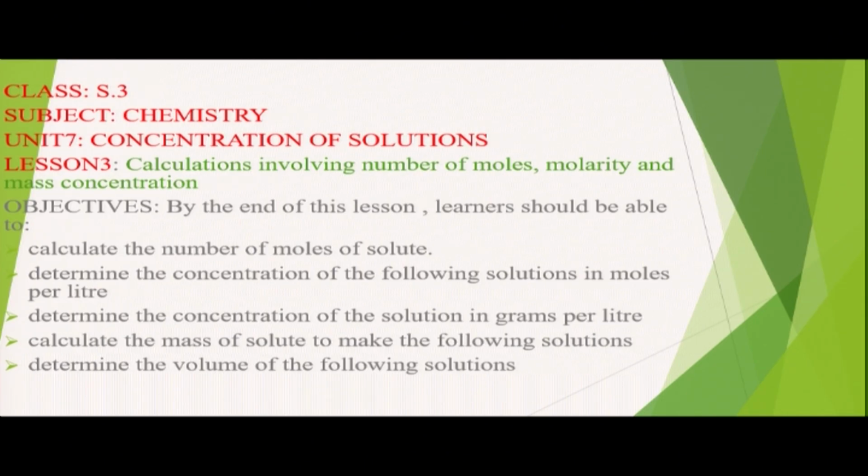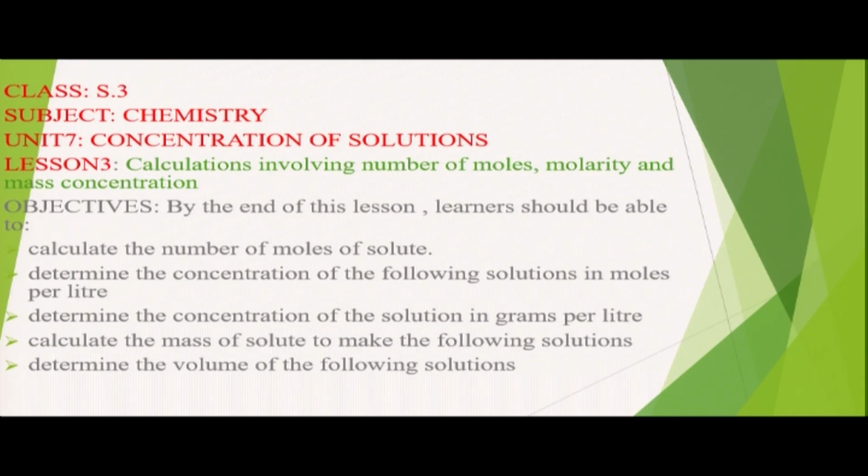You will determine the concentration of the solution in grams per liter. So you'll be able to change those moles per liter to grams per liter. That is the mass concentration. Grams per liter is the same as mass concentration. Moles per liter is molarity. Then you'll be able to calculate the mass of the solute that is used to make the solutions.